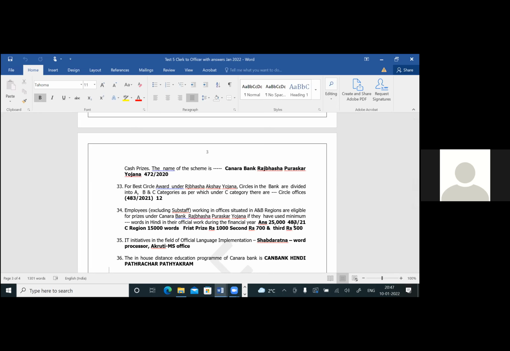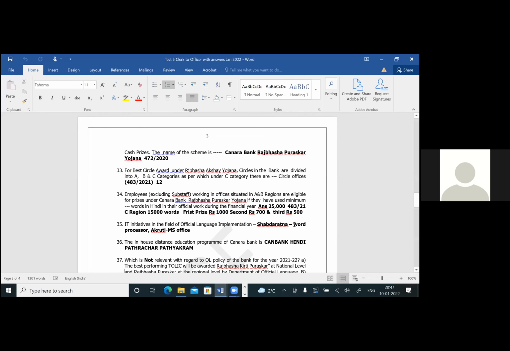So Canara Bank Rajbhasha Puraskar Yojana is for employees excluding substaff: 25,000 words in A and B regions and 15,000 words in C region. Circles are divided into 3 regions in 483 by 2021. Please go through the circular.